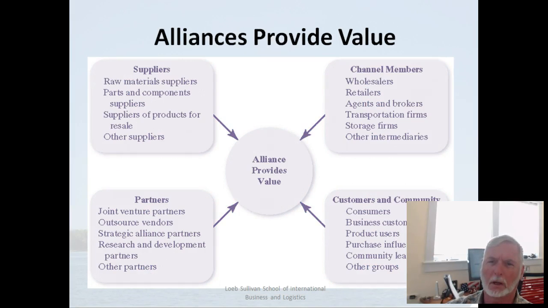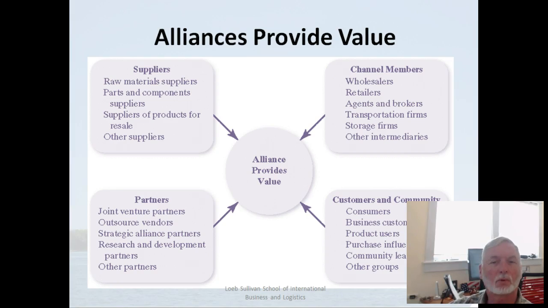We also talked a little bit about alliances. You may choose to ally with the people who supply you product. You may choose to have alliances with your channel members, so the wholesalers or retailers, brokers, transportation firms. All of those people may provide value if you ally with them.